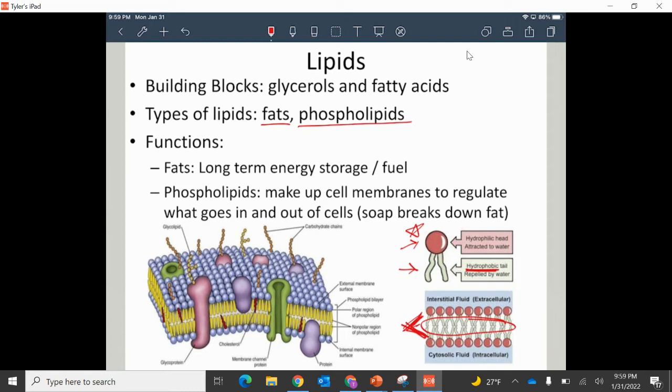But the interesting thing is soap can break those lipids down. Soap's great at breaking down grease and oil and things like that in our dishes. It can also work to break down cell membranes. That's part of the reason why we use soap with bacteria: soap can go through and damage the cell membranes of those cells and kill them in the process, which is good because it helps keep us healthy.